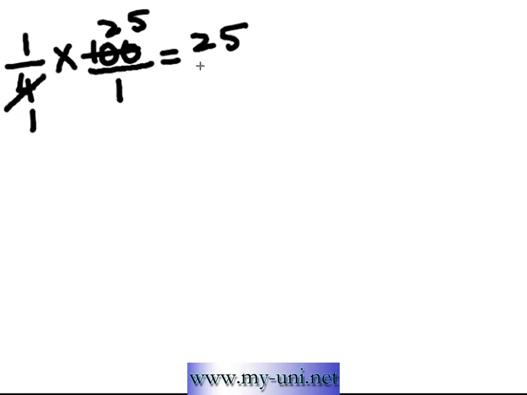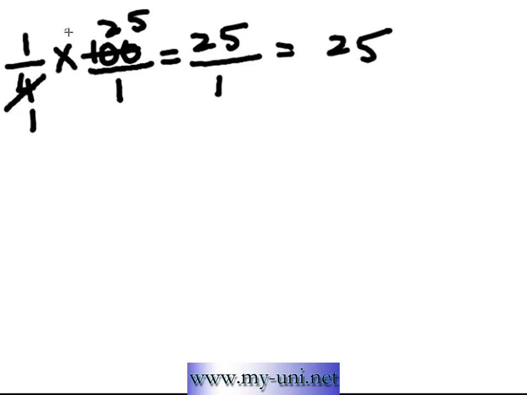So 1 over 4 times 100, and 100 also means 100 over 1. We know that 4 times 1 is 4, and 4 times 25 is 100. 25 times 1 is equal to 25, and 1 times 1 is equal to 1, so it's 25 over 1, which also means 25.